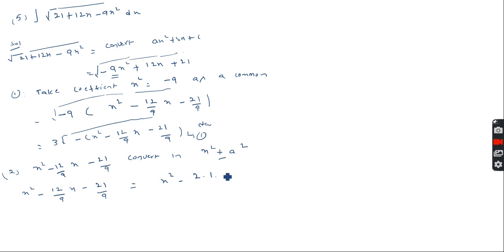What is the b value? The b value is nothing but 6 by 9.